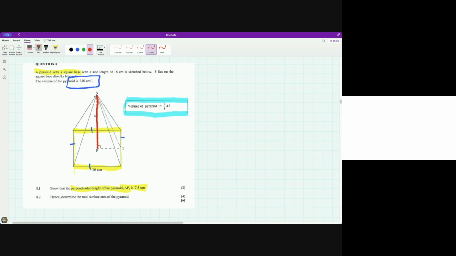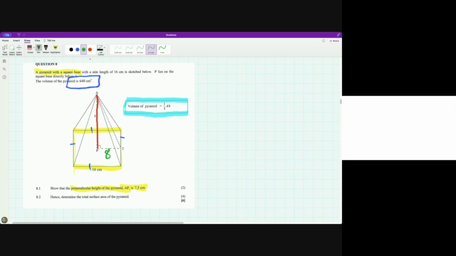Any ideas? What can we work out first? So half of the 16 could be 8. So I think that could work quite well. Yep. What else can we use?